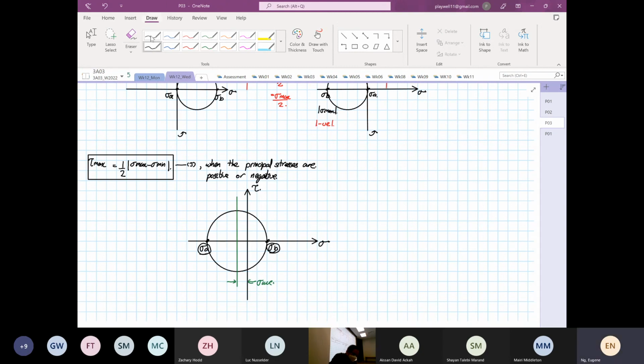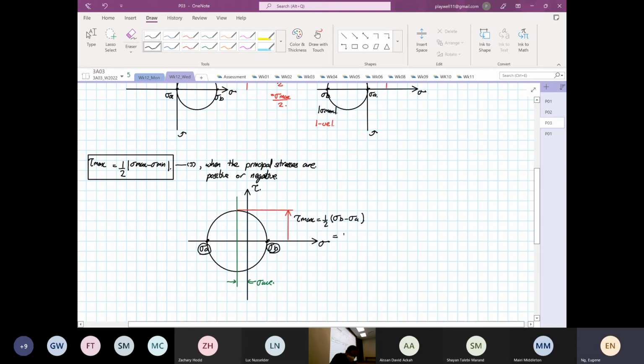So to find our maximum shear stress, which is this height over here, tau max is equal to half of stress B minus stress A. Okay.